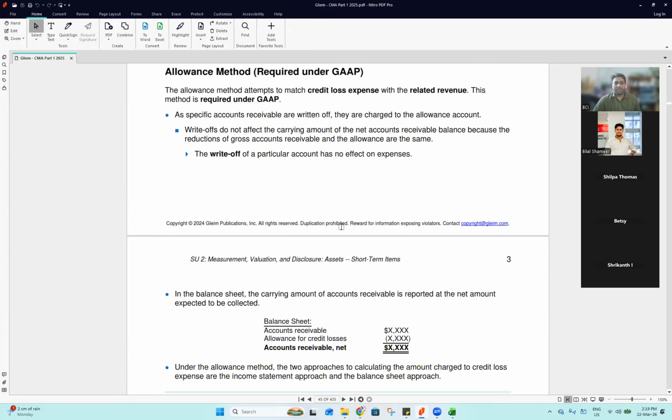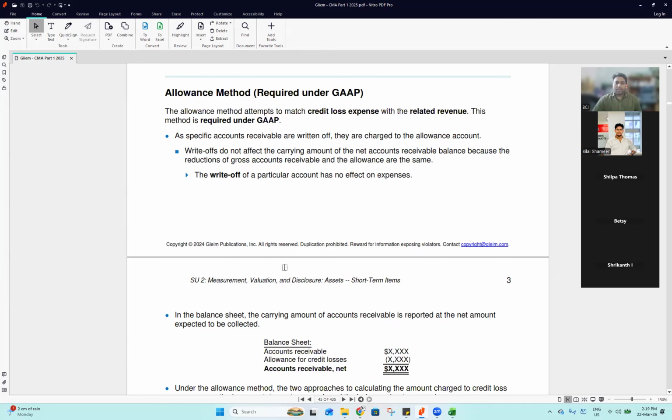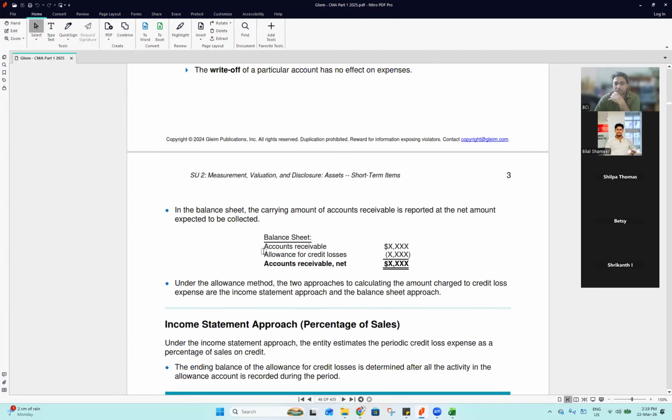Now, in the balance sheet, the carrying amount of the accounts receivable is reported at the net amount expected to be collected. So we show accounts receivable, then we have allowance for credit losses. Then under the allowance method, there are two approaches to calculate the amount charged to credit loss expense.